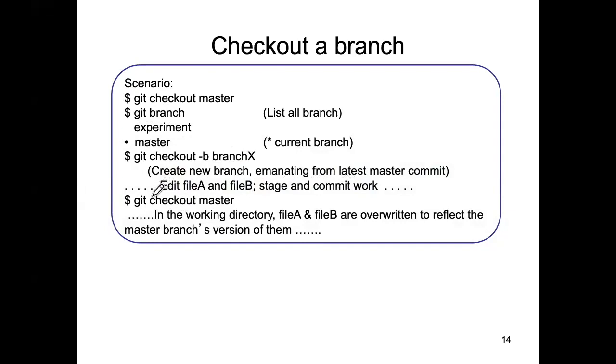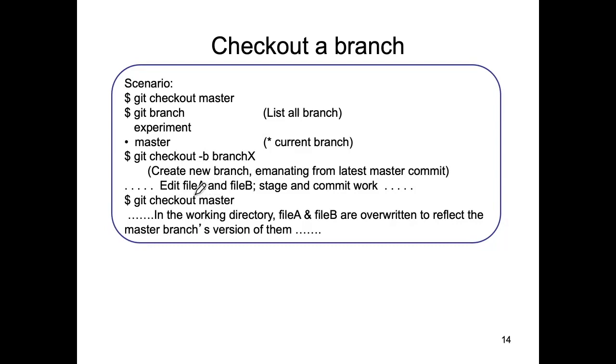If I now switch back to master, when I look at file A and file B, I won't see the edits that I made up here. And that confirms the point that I'm making: when you switch from one branch to another, the working directory is overwritten by the branch that you're switching to, whatever its status is.